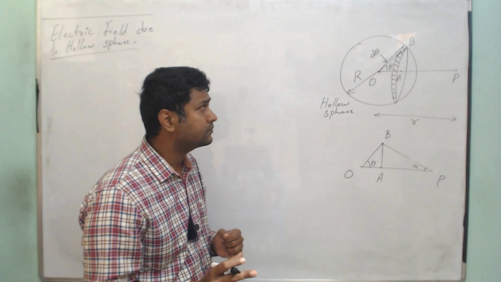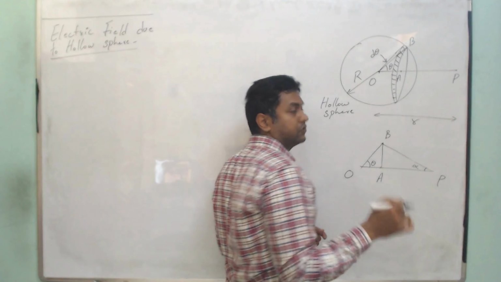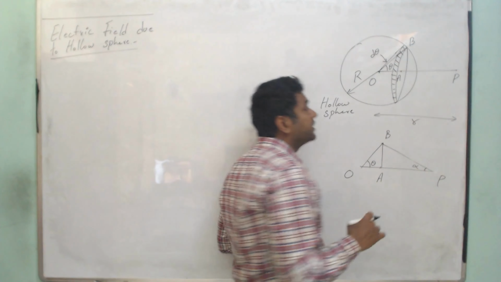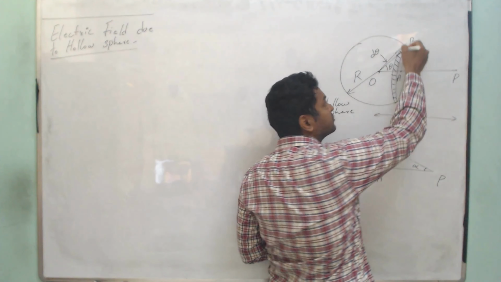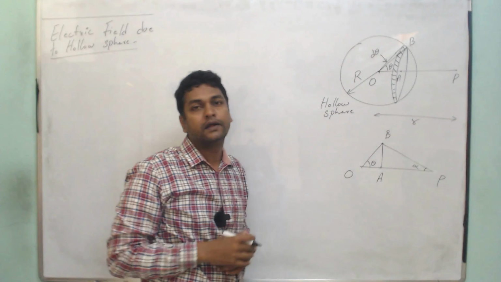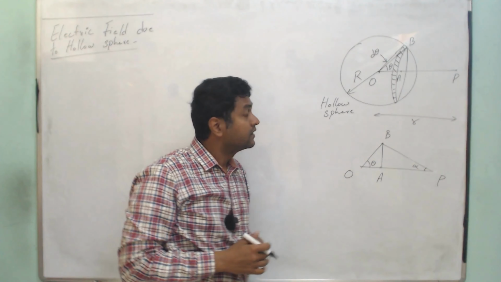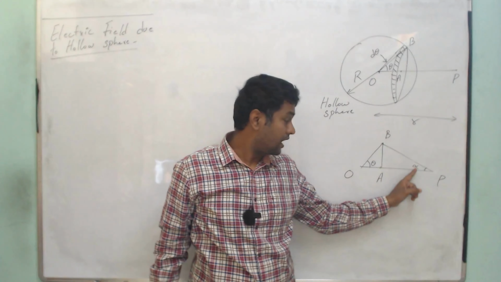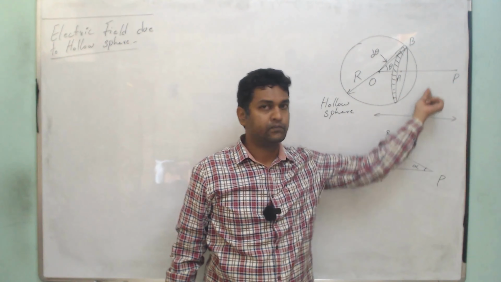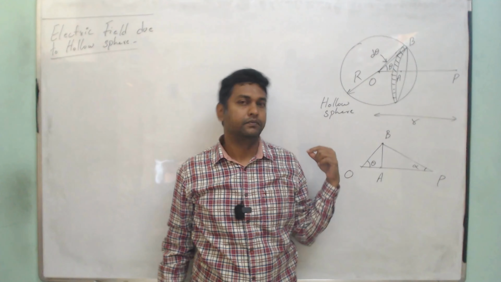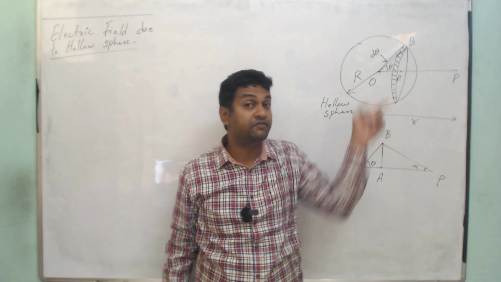Now, this is the important thing: the electric field due to any part of this loop is going to be away from the loop. And if you realize, the angle alpha for every part of the loop is going to be the same, and the distance is also going to be the same for every part of the loop.